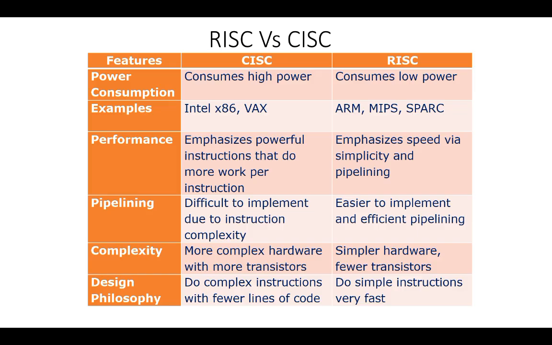With respect to power consumption, CISC consumes higher power compared to RISC, which consumes low power. Pipelining is difficult to implement in CISC due to instruction complexity, while RISC is easier and more efficient for pipelining. CISC hardware is more complex, with more transistors, while RISC has simpler hardware and fewer transistors.